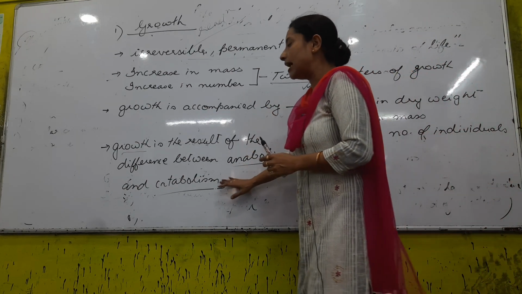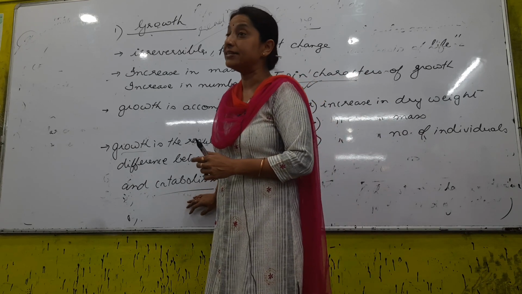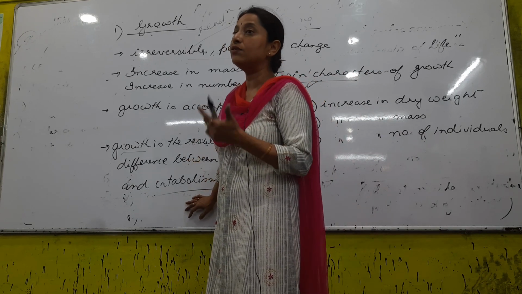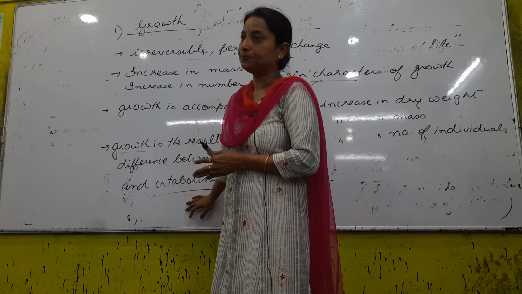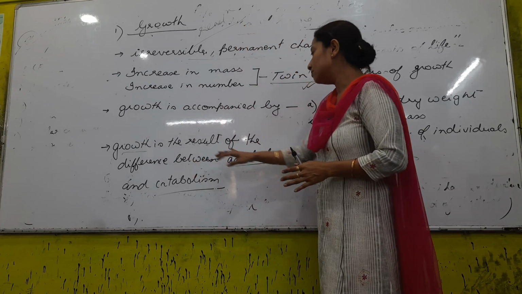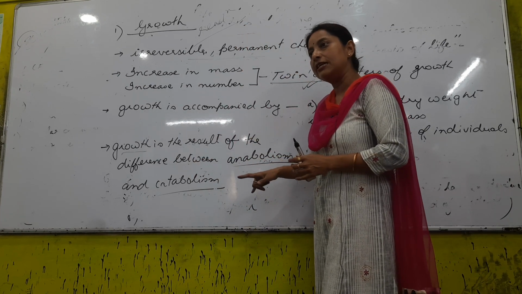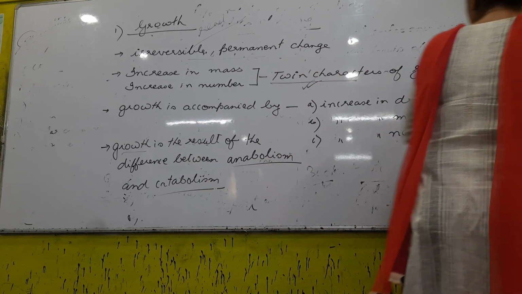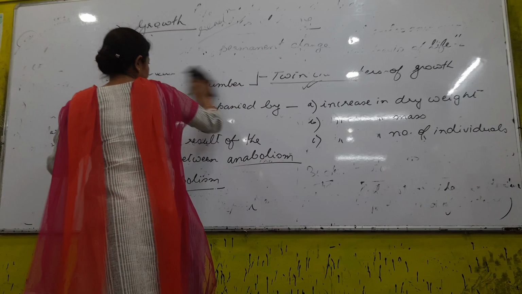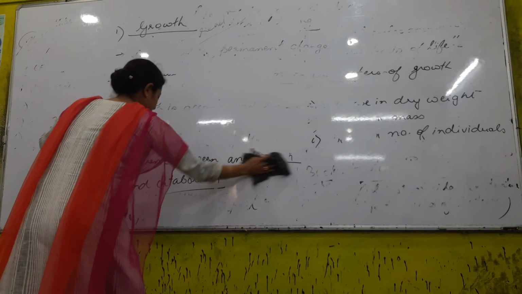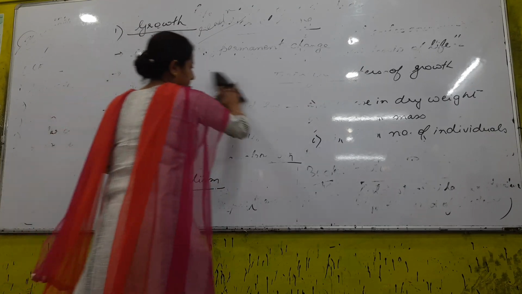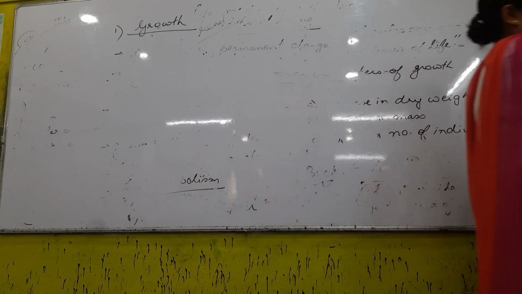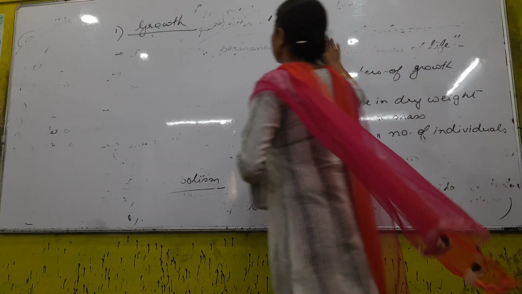If catabolic reactions are more in an organism, then we have a word called negative growth, or degrowth. Is the point understood?